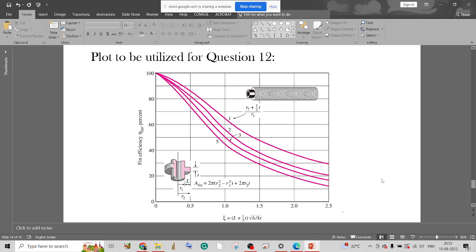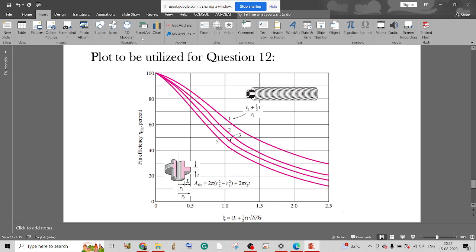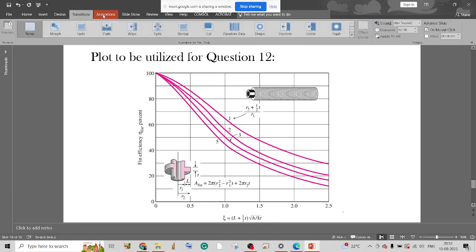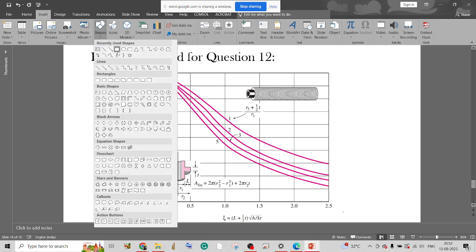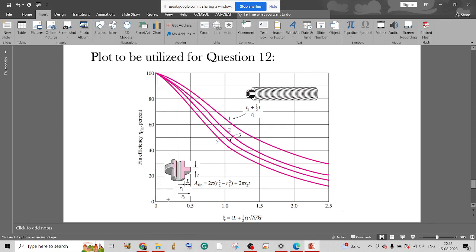So it will be almost half, less than half. Half is 0.25, so it will be less than half. Approximately, let me show you. I'll mark it around. Just 1 second. See, this portion is 0.25, right?